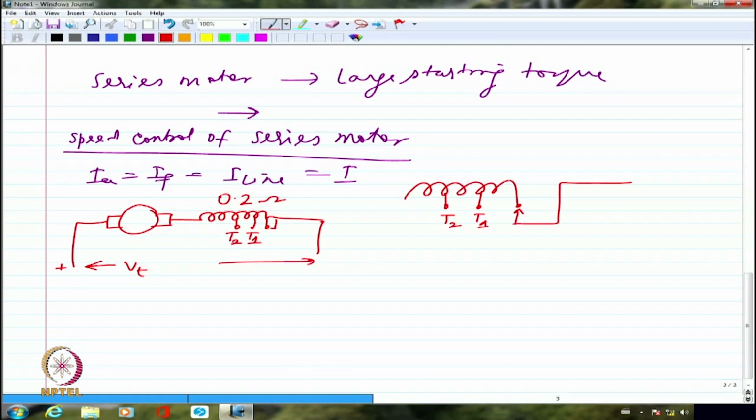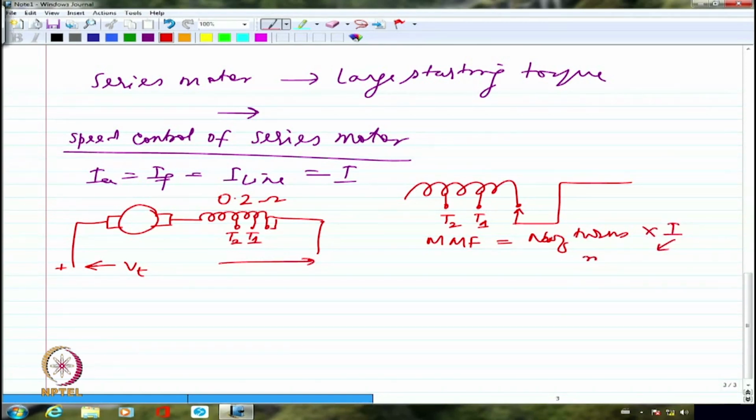So adjusting this series field, either in tapping 1 or tapping 2 or the initial position, is essentially going to modify the current only very, very slightly. So the resistance will not change grossly. The current will not change grossly. Because of that, we are essentially only playing around with MMF because the number of turns is getting modified. So I have the number of turns originally as maybe n, now it will become n minus 10, n minus 5. So I am going to have essentially the number of turns getting modified with the current almost remaining constant.